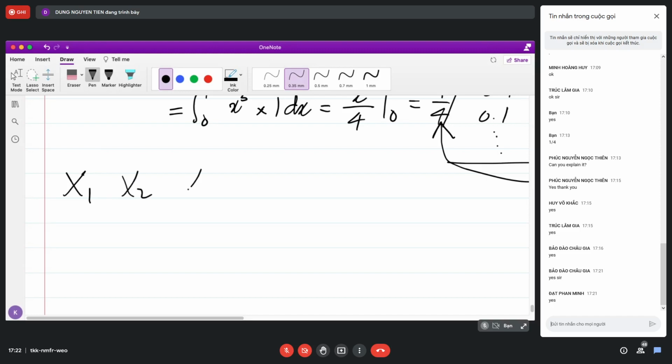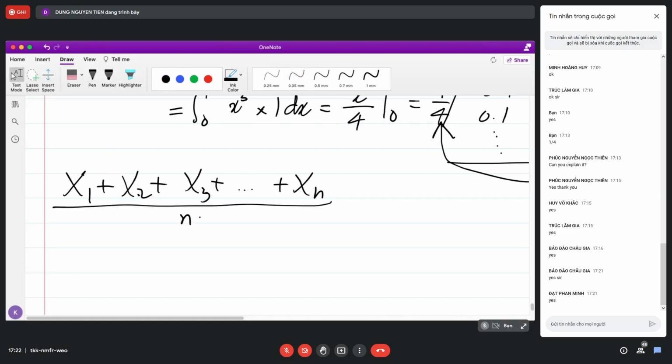You get x2, x3. This is the first cost, the second cost, the cost of the second event, the cost of the third event, and so on. And then you come up with the xn. Then you can come up with the average value of all of them, right?